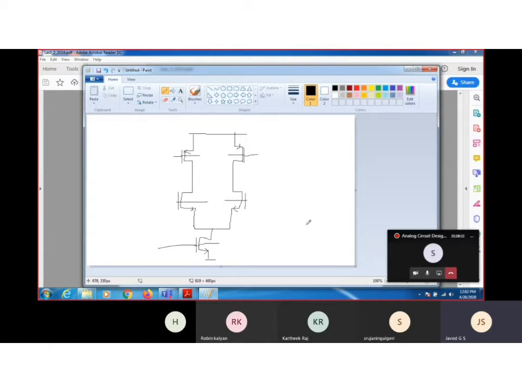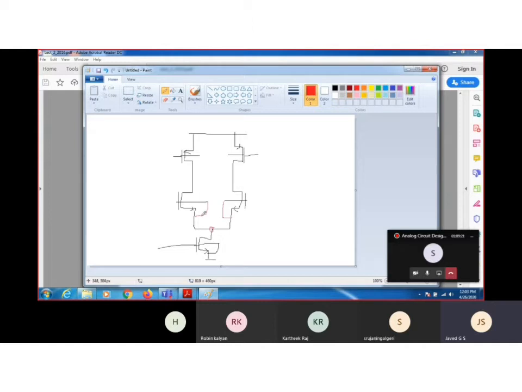Now in this particular case, if you observe, for this bottom device the source is at ground, so you will place its body at ground itself. But in an integrated circuit, for the differential pair here, if you connect the body to the source of this device, you are basically connecting it to this node, which is the drain of this device.